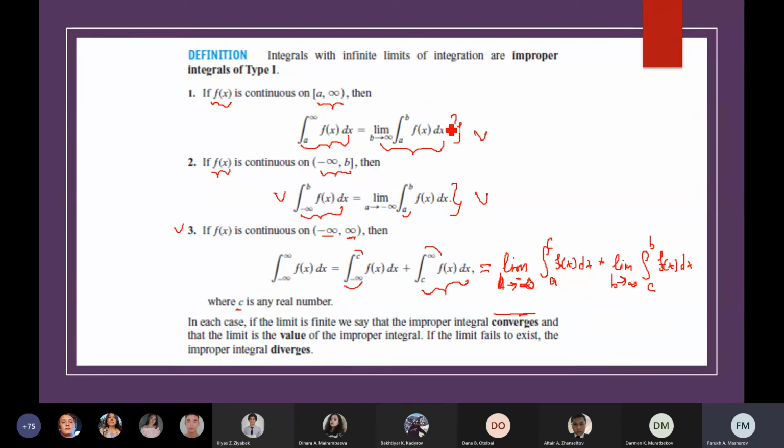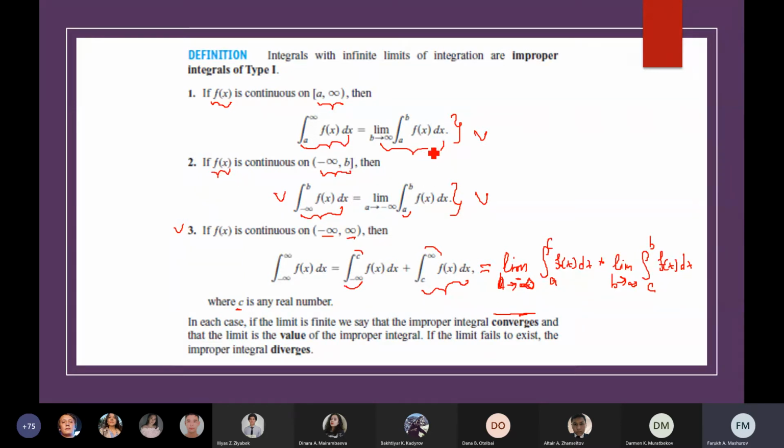It means that if this limit is a constant number, then we can say that our improper integral converges. If this limit does not exist, it means that it can be minus infinity or plus infinity, yeah?